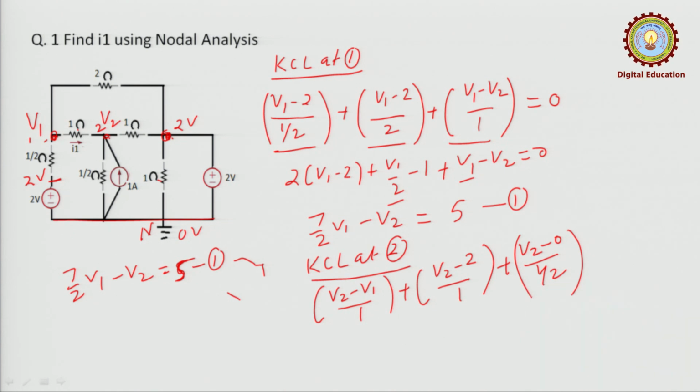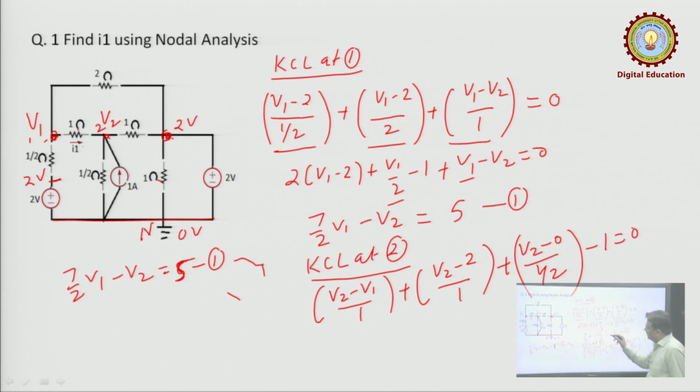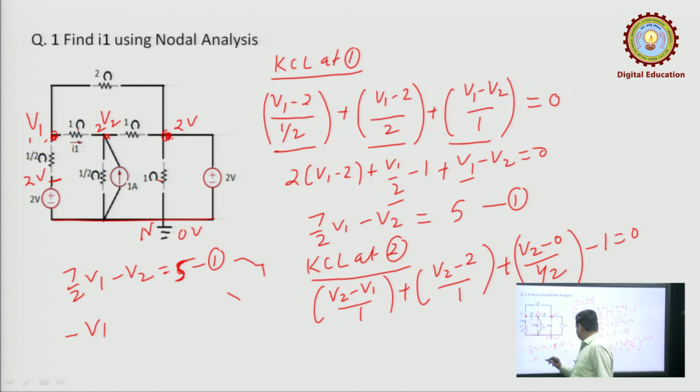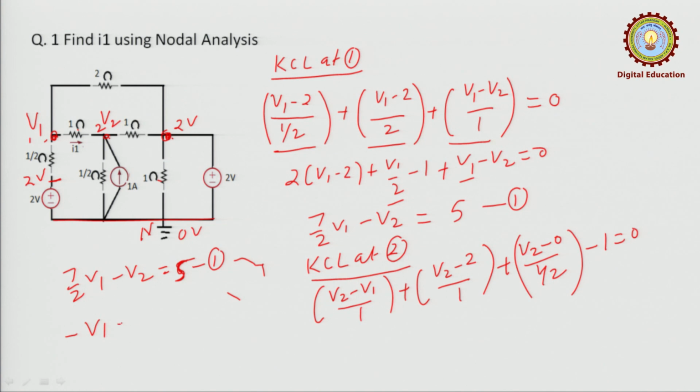And this current source is supplying a current of 1 ampere into this node, so since we are following the opposite convention, minus 1 equal to 0. Again, you can simplify the equation in this format. The equation that you will get is minus V1 plus 4 V2 equal to 3.